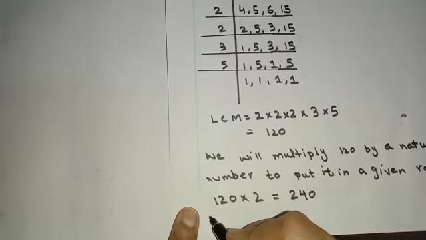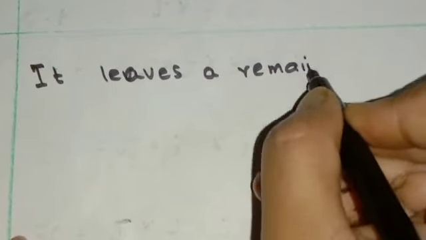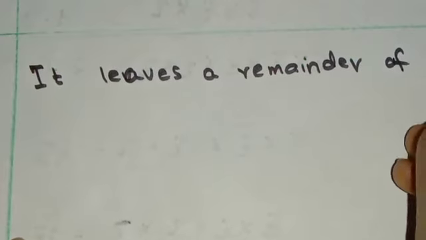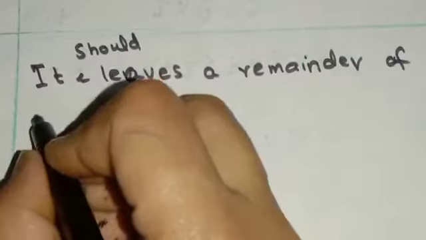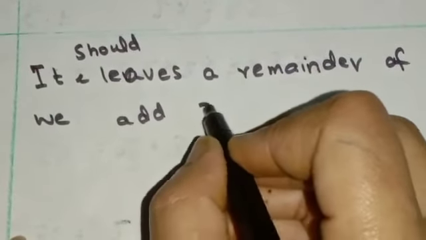After that, it is in a given range, but there is another condition that it leaves a remainder of 3 in each case. So we add 3.